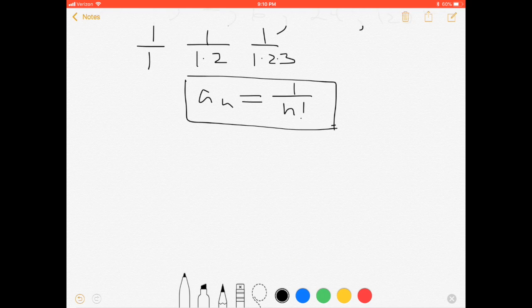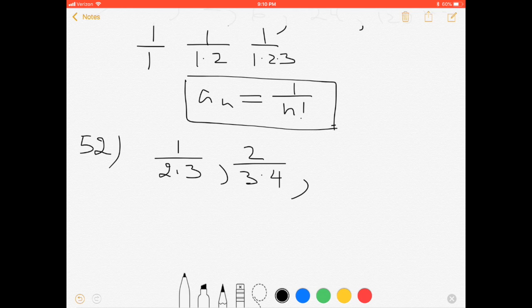And the last one, 52. Here we have this kind of sequence. 1 over 2 times 3. Second term, 2 over 3 times 4. 3 over 4 times 5. 4 over 5 times 6. Okay. If you look at the numerator, it is 1, 2, 3, 4.